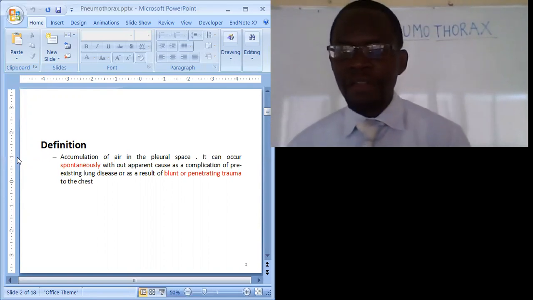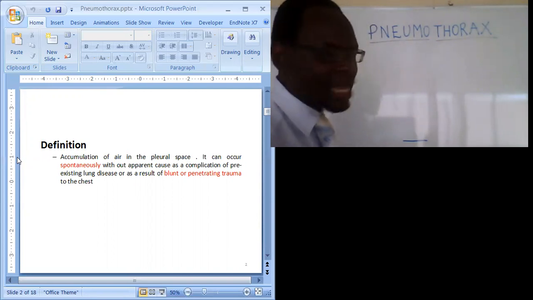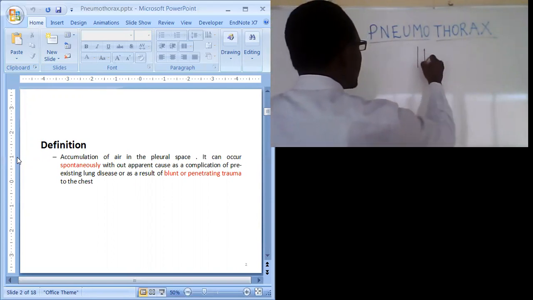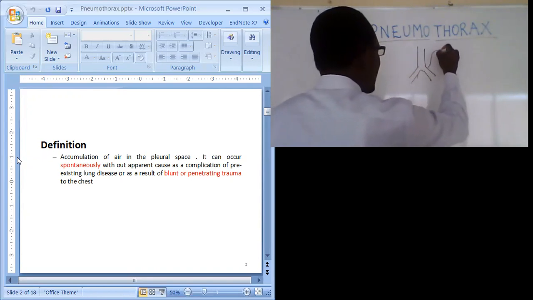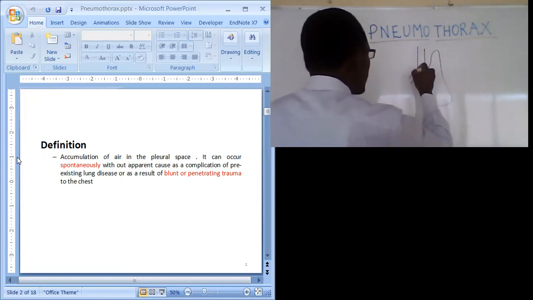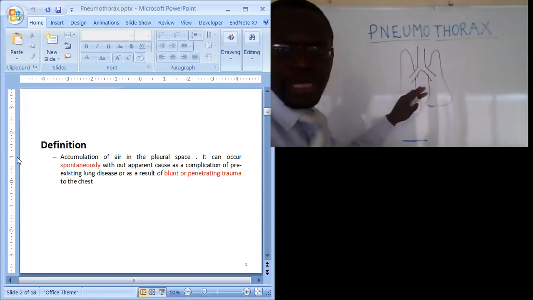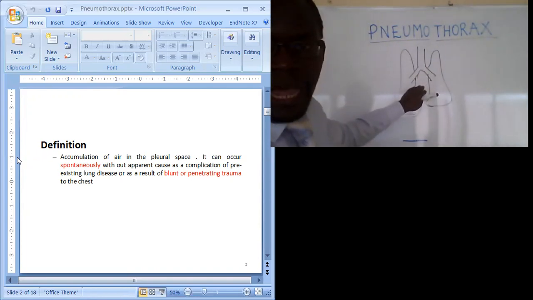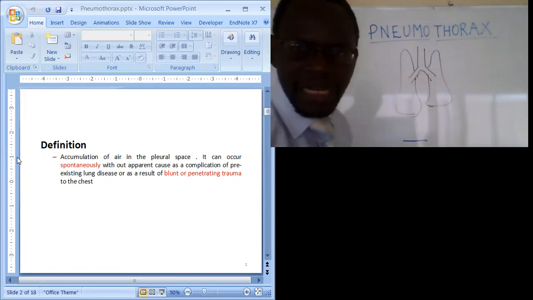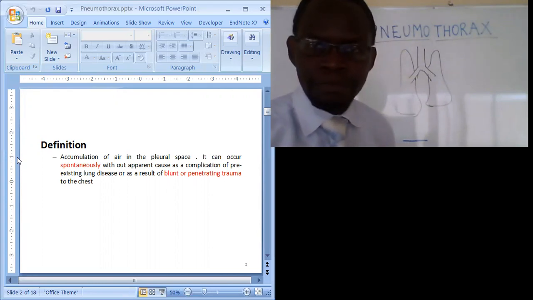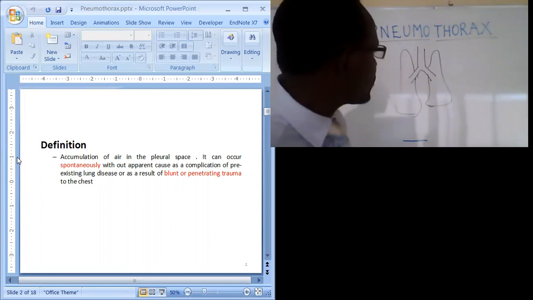Now, it is very important for you to know that within the chest, we have the lungs. If I might demonstrate something here, you have the trachea, you have the bronchi, and then you have the lungs. In between is the heart. Now, the lung is basically covered by a layer, and that layer is called the pleura.